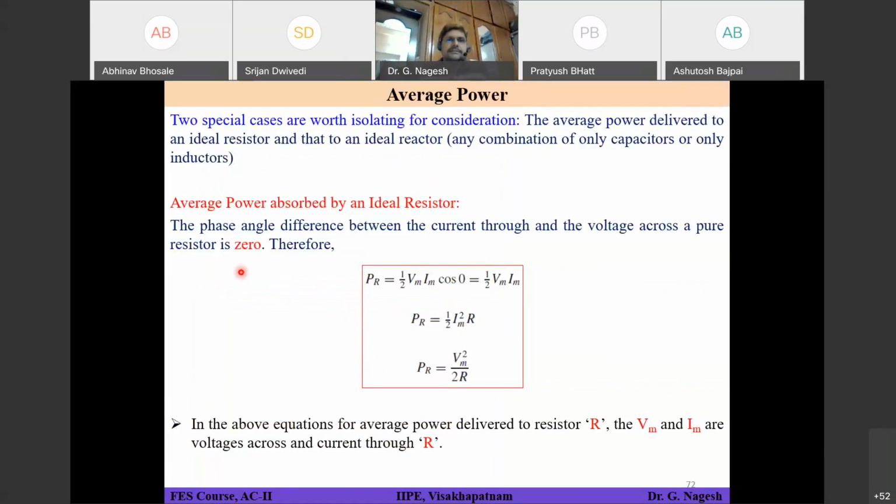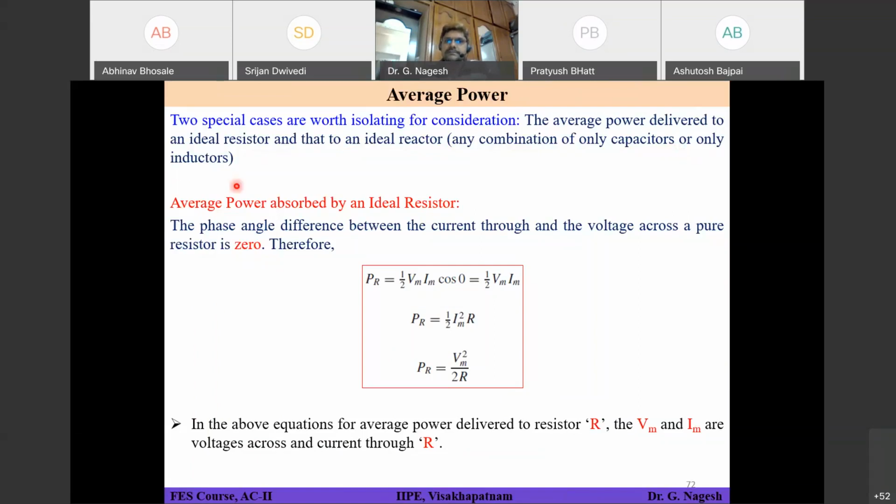We'll see this. If you talk about average power, two special cases are interesting to consider. One is the average power delivered to an ideal resistor, and the other is the average power delivered to an ideal reactor. Ideal reactor means any combination of only capacitors or only inductors.